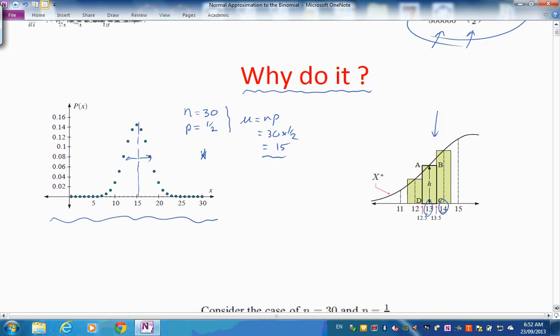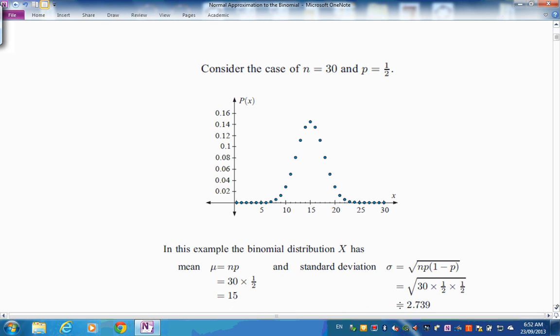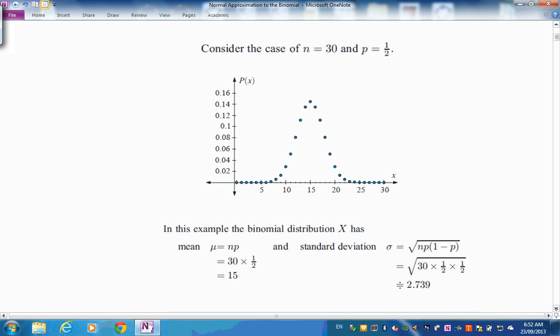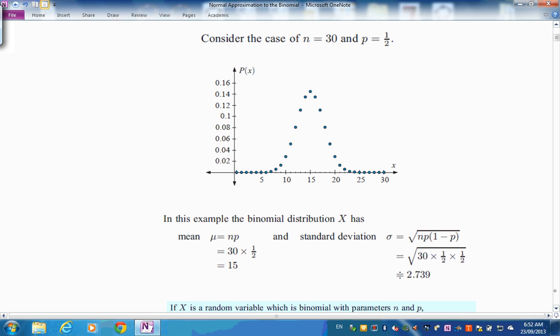Come down and let's have a look. We're going to start looking at this one again. If n is 30 and p is a half, this is the distribution of probabilities we get, the number of successes in n trials, and our probability plotted up here.